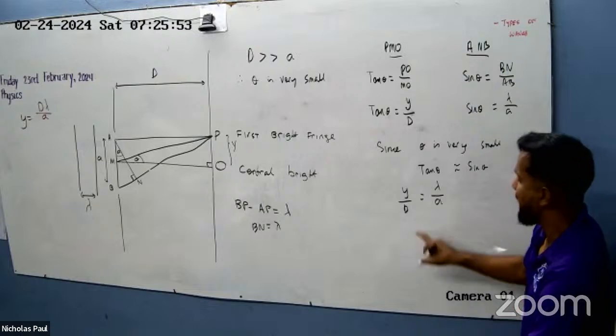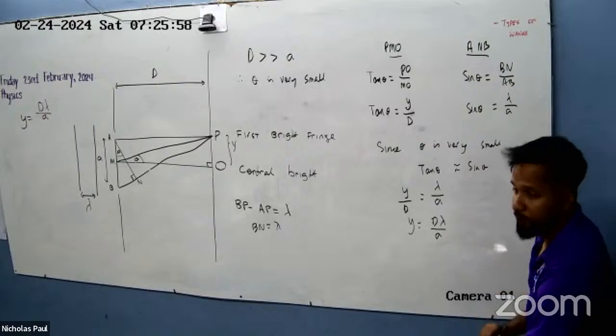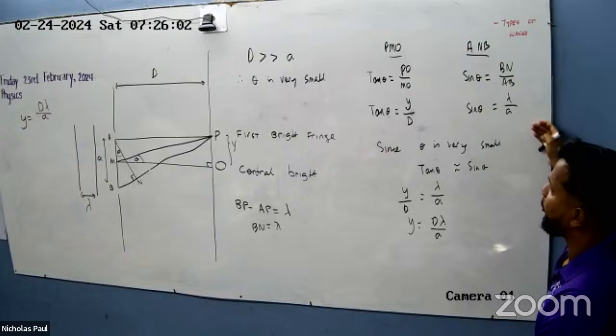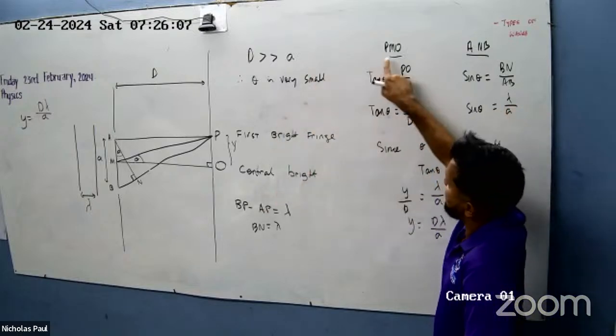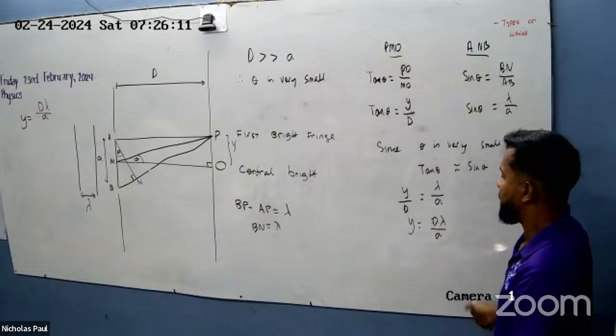Then you carry across the d and you get d lambda on a. So in order to do the proof, you need to diagram this information and remember this. That is the proof.